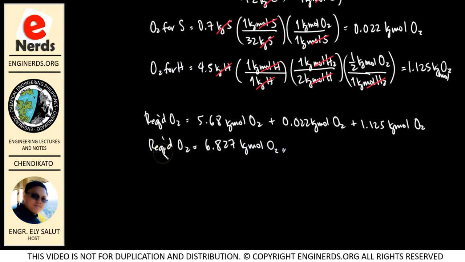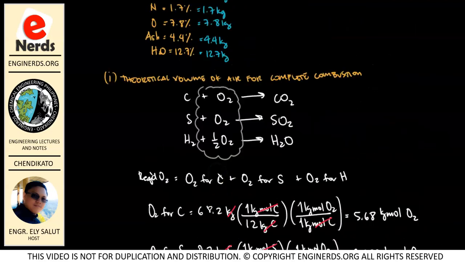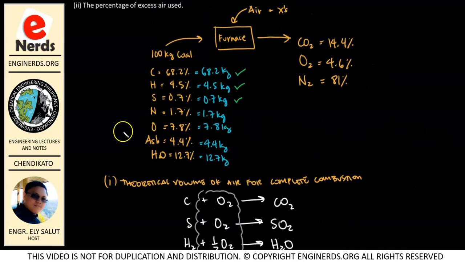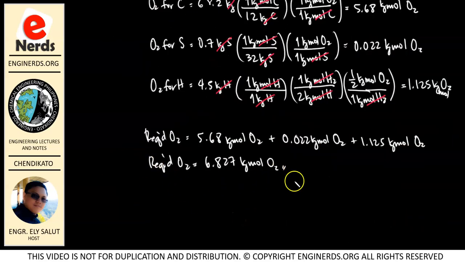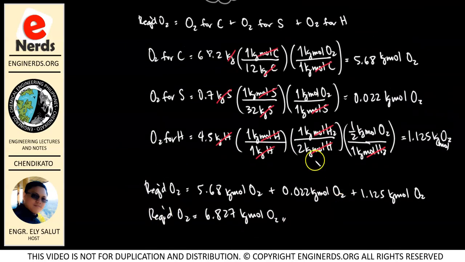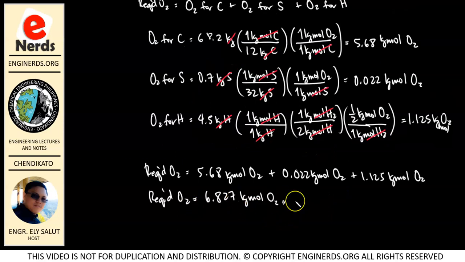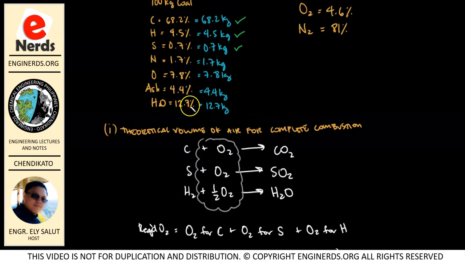Now, we have to take note that we already have an oxygen dito sa ating coal, no? Kasi, itong nakuha nating required O2, yan ang amount na oxygen na kailangan natin for complete combustion. And we know that already, no? Nakuha na natin yung value niya. But we will not get all of this oxygen sa air. Dahil yung coal natin mismo, meron na siyang oxygen.